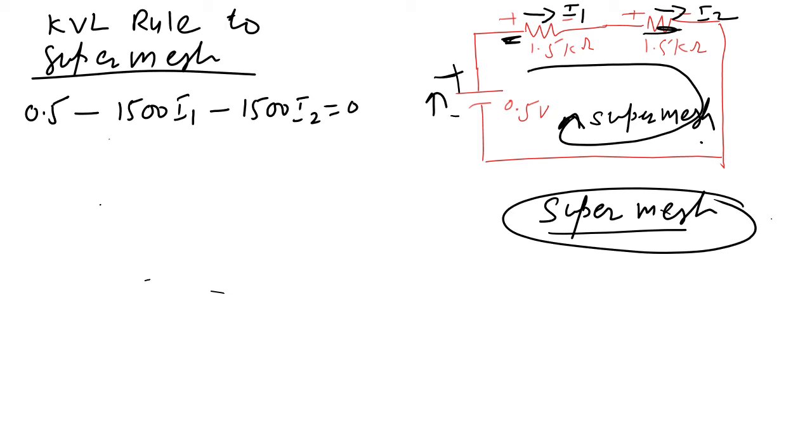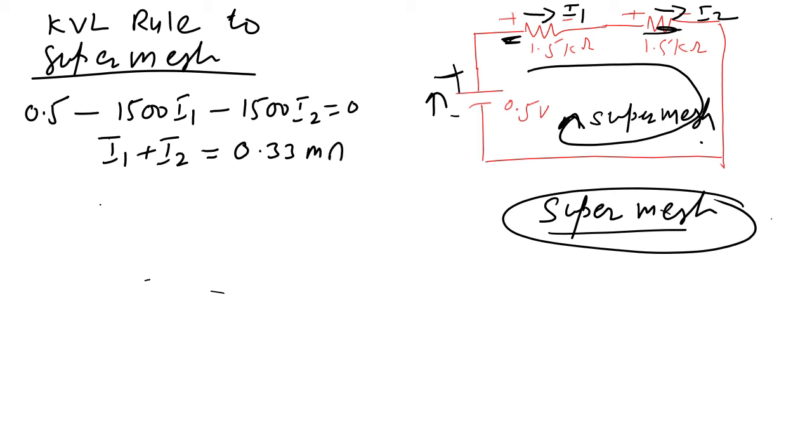If I solve the equation, the value will come like this. This is I1 plus I2, and this is equal to 0.33, and I am writing it in milliampere.